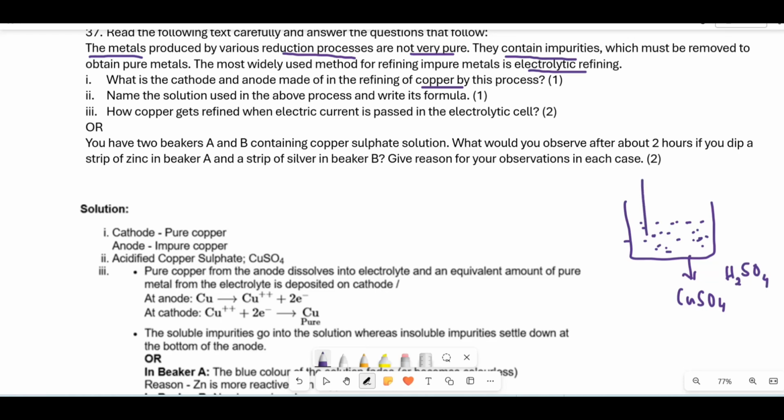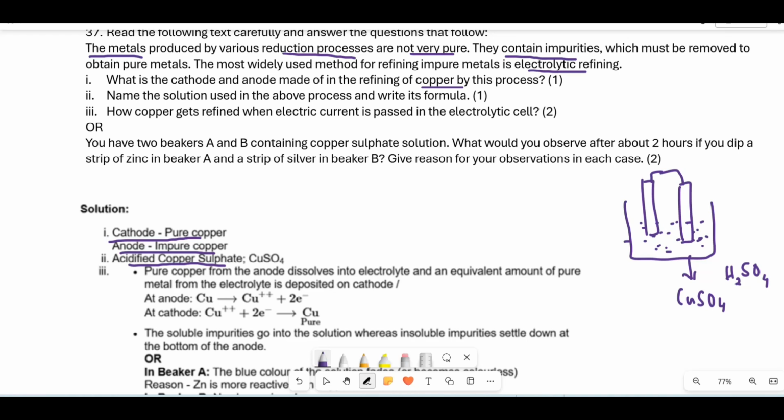Now there will be 2 electrodes connected to a battery. Your cathode will be pure copper and anode will be impure copper, and the electrolyte is acidified copper sulfate, as I explained. So these are the questions. What are the cathode and anode? Cathode is pure copper, anode is impure copper.